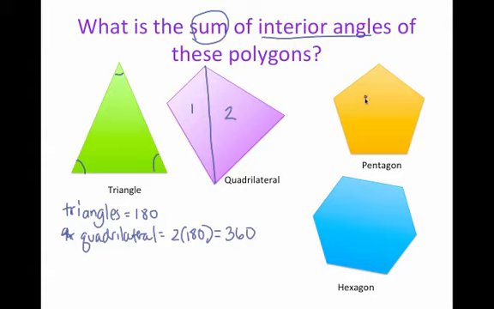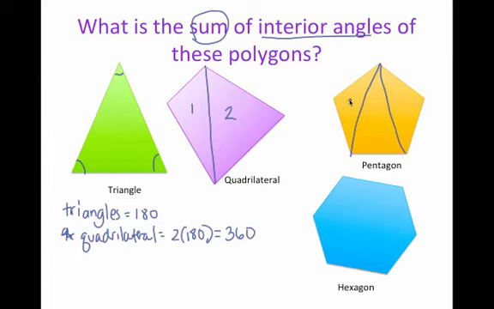Let's look at a pentagon. A pentagon has 5 sides. If I drew any diagonal in a pentagon, this would be one diagonal, and this would be another diagonal. I can't draw this because this is not a diagonal, because these 2 are consecutive sides, and I can't draw this because those 2 are consecutive sides.